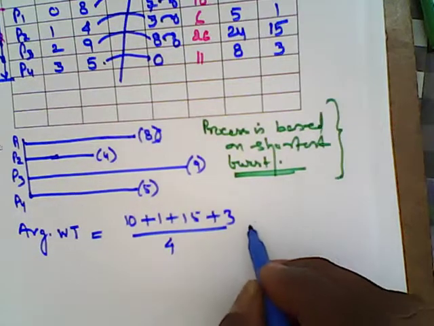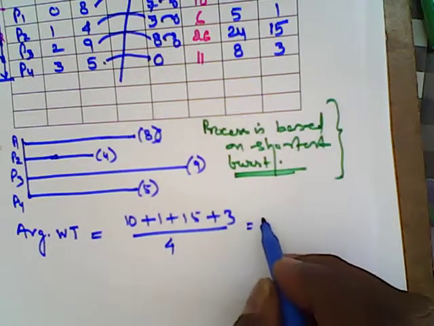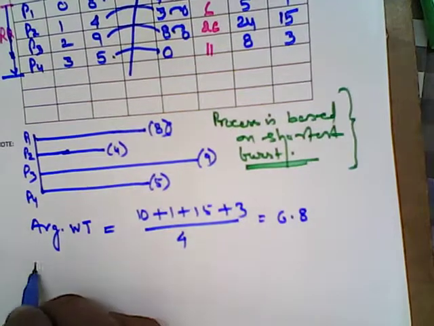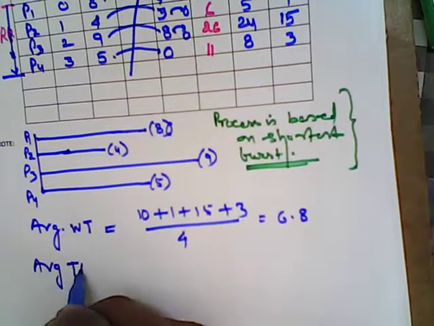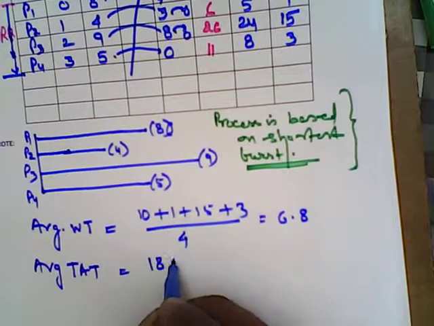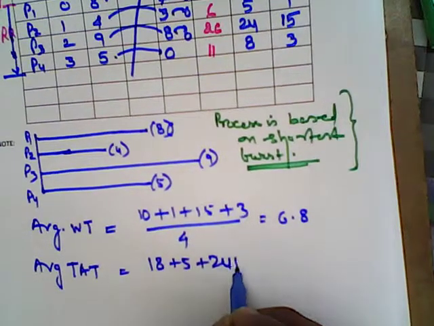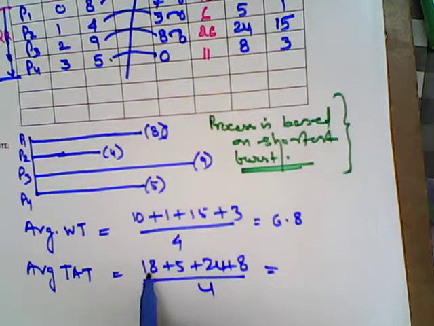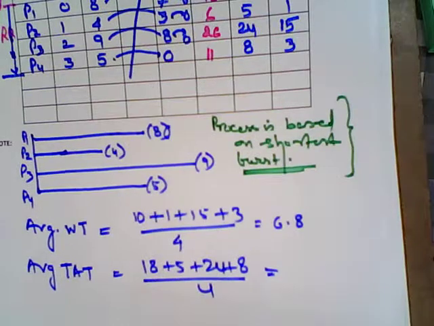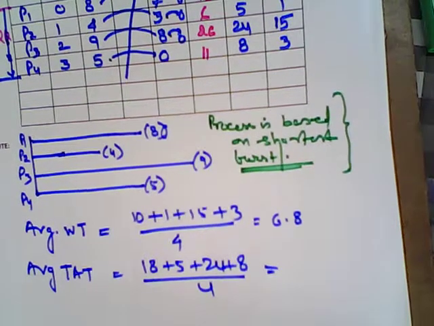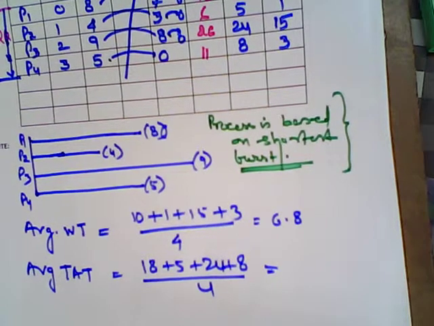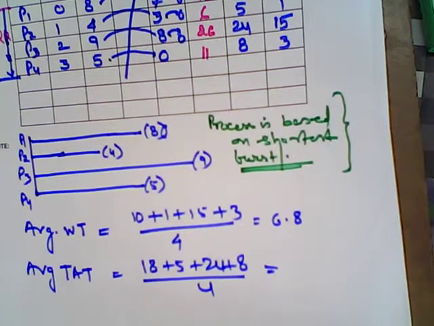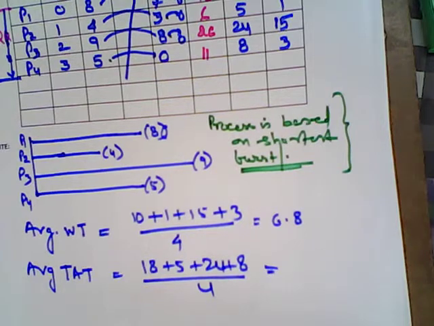And average turnaround time is nothing but 18 plus 5 plus 24 plus 8 divided by 4. So this is coming around 18 plus 5 is 23, plus 24 is 47, plus 8 is around 55, divided by 4, it is coming as around 11.2.